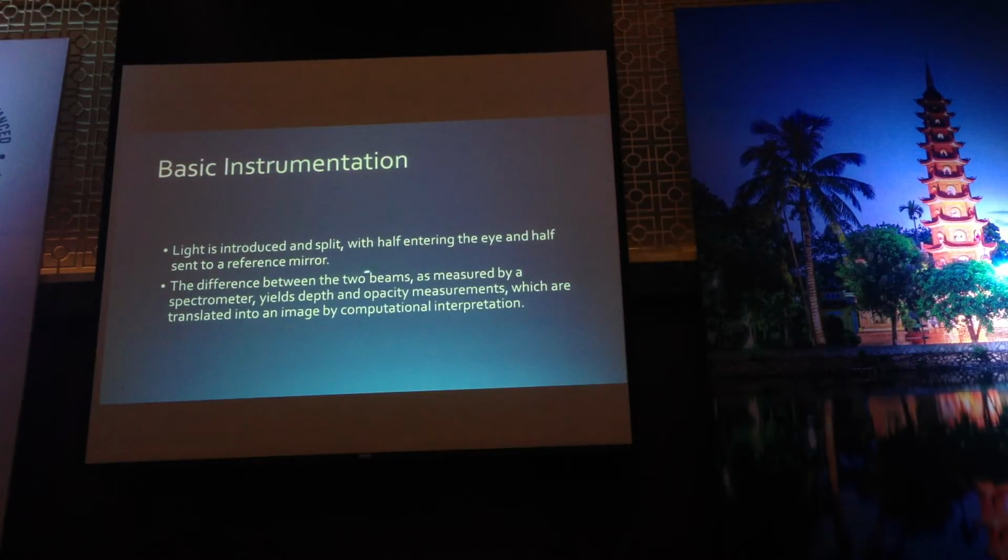And the difference between the two beams, I mean the beam which is getting into the eye and the beam that gets to the reference mirror, is going to be measured by the spectrometer. And then it's going to yield the depth and the opacity measurements. As I mentioned, the depth is different in terms of time delay, and the opacity measurement is different in magnitude, which are translated into an image by interpretation. We use a computer to compute and construct the image as well.